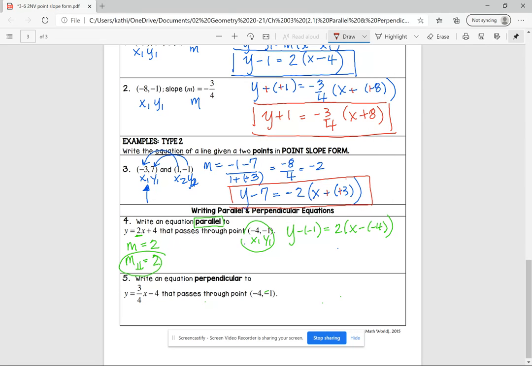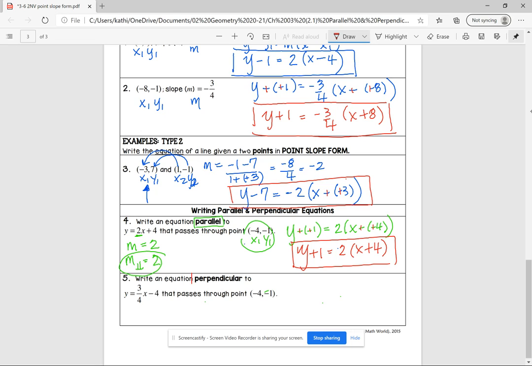So I'm going to simplify my minus and negatives. So I have y plus 1 equals 2 times the quantity x plus 4. Okay, those are for parallel lines.